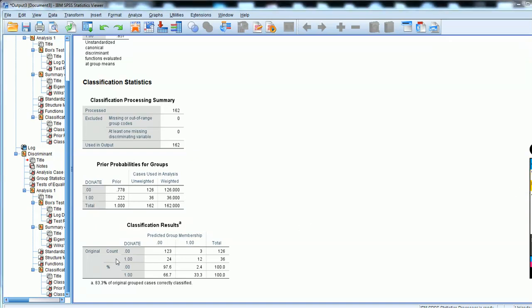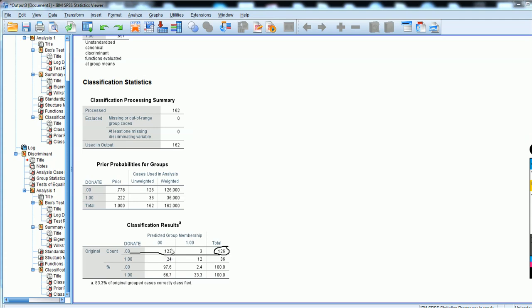So you can see that right here, in terms of this row, the total is reflecting the total number of cases that actually expressed an intention not to donate. So of the 126 individuals who expressed an intention not to donate, we had 123 who were correctly classified by the model as not intending to donate.